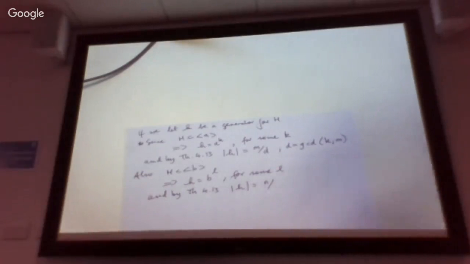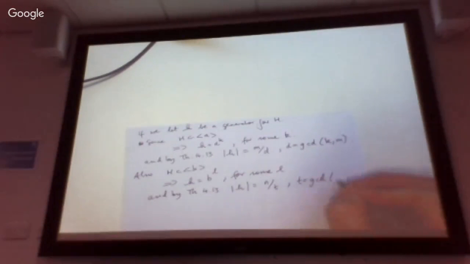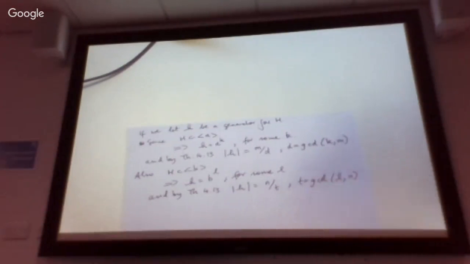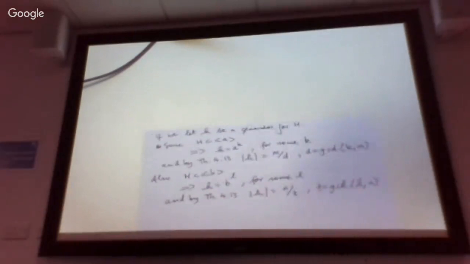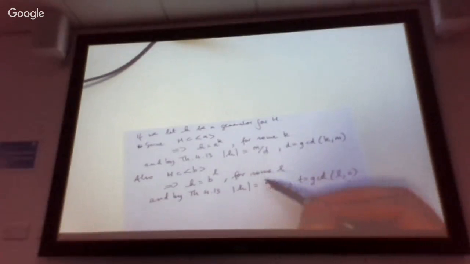I'm just struggling here to find this. I can see why this must be true by appealing to Lagrange's theorem, which we're going to be proving in a couple of weeks, which says that the order of any subgroup must divide the order of the containing group.